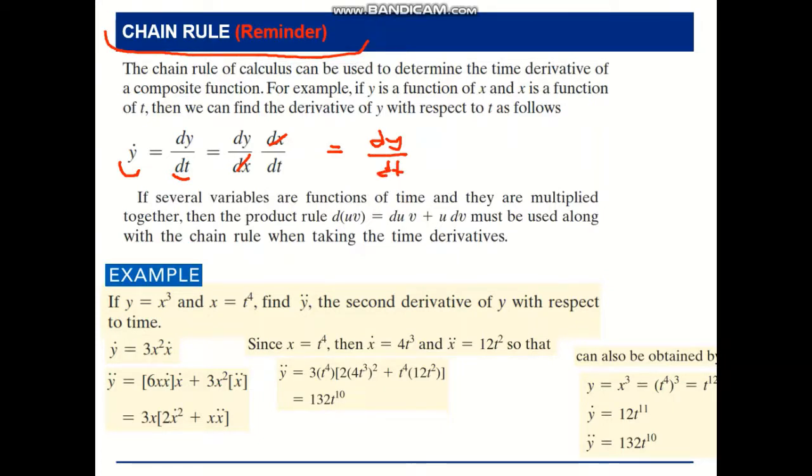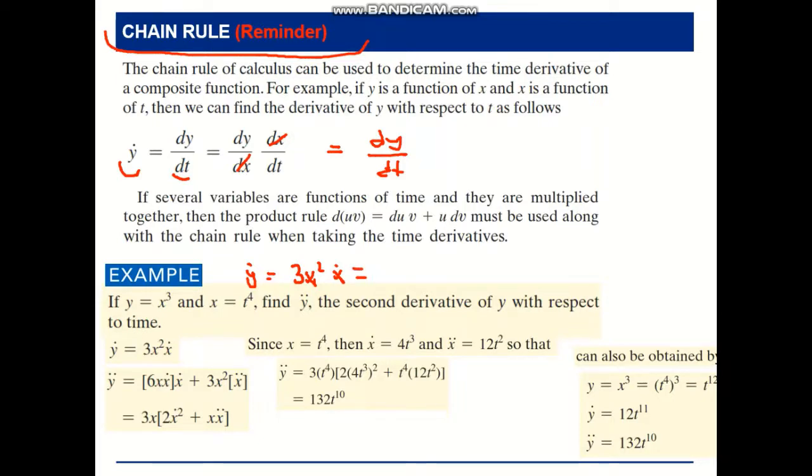Let's have an example, and then I think we can understand better. If we take this y's first derivative, we know that it is 3x squared, okay? Because we take the derivative of y with respect to x, and we are going to take the first derivative of x with respect to time, so it's going to be x dot, right?